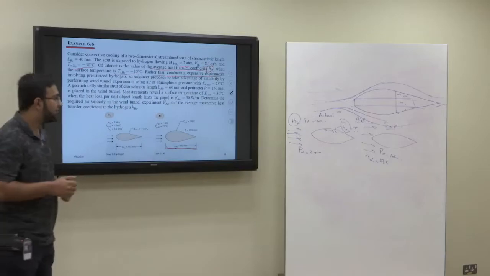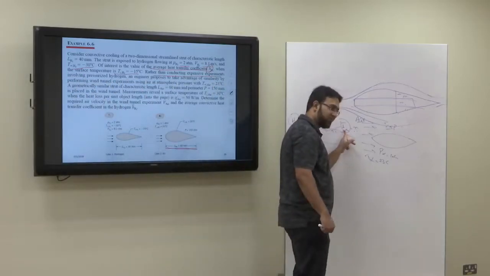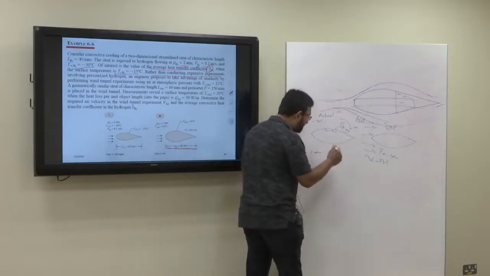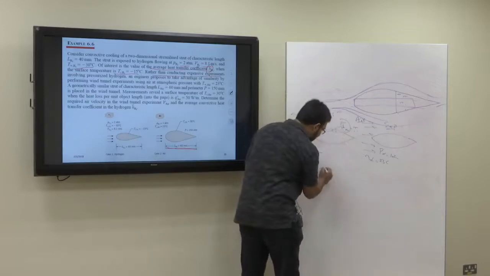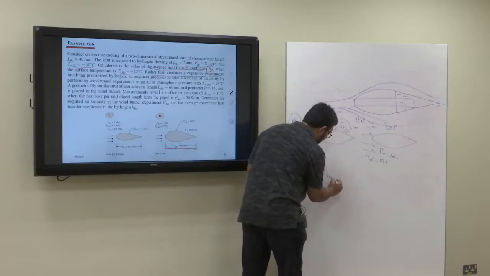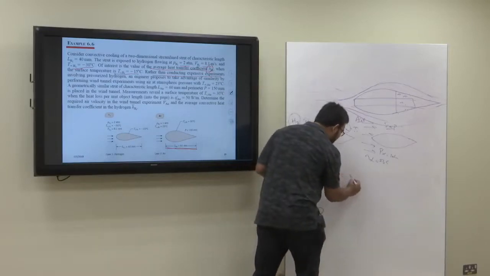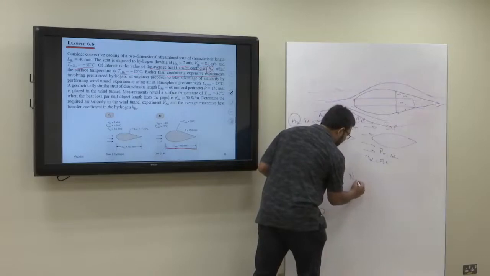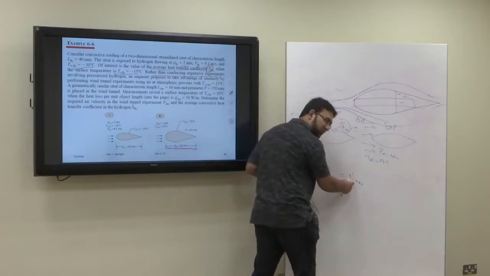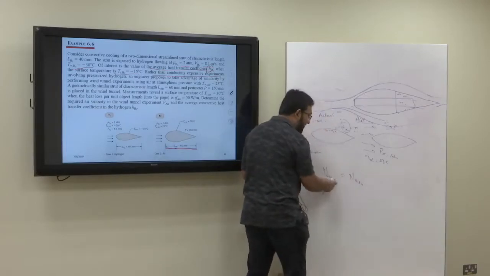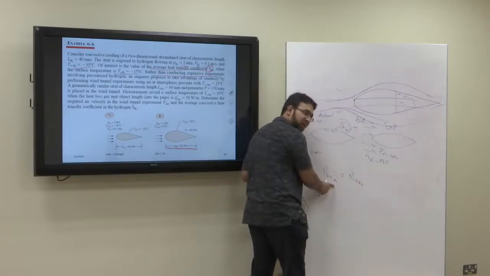Now, based on similarity, you can find this, because this is a function of Nusselt number. So if we find Nusselt number, we will find this. So if the Nusselt number for the case of hydrogen is equal to the Nusselt number for the case of air, then whatever H we get from here, we will use it to get H from here.